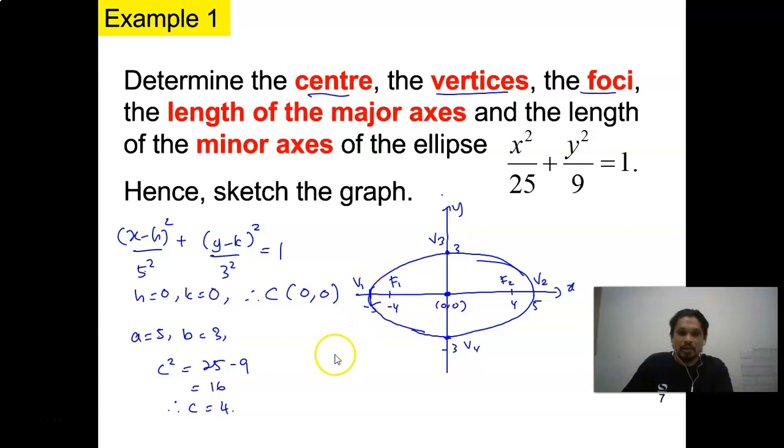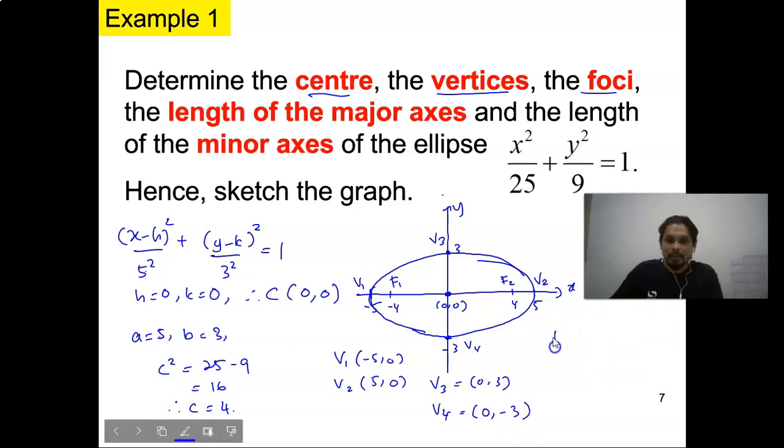So the coordinates of V1 are negative 5, 0, V2 is 5, 0, V3 is 0, 3, and V4 is 0, negative 3.